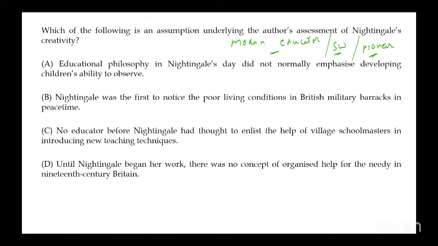What if I deny this? Then it attacks the author's claim that she worked like a modern educator. If this was the norm, there's nothing special about Nightingale, right? If developing children's ability to observe was the norm, then there's nothing special about Nightingale.